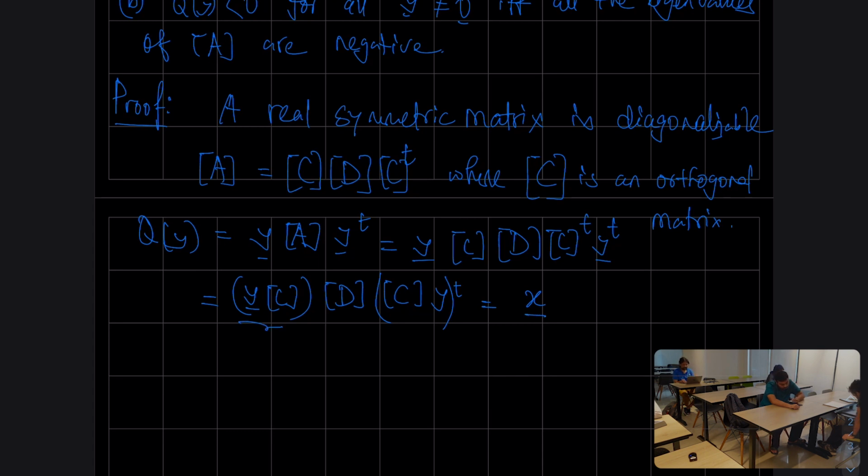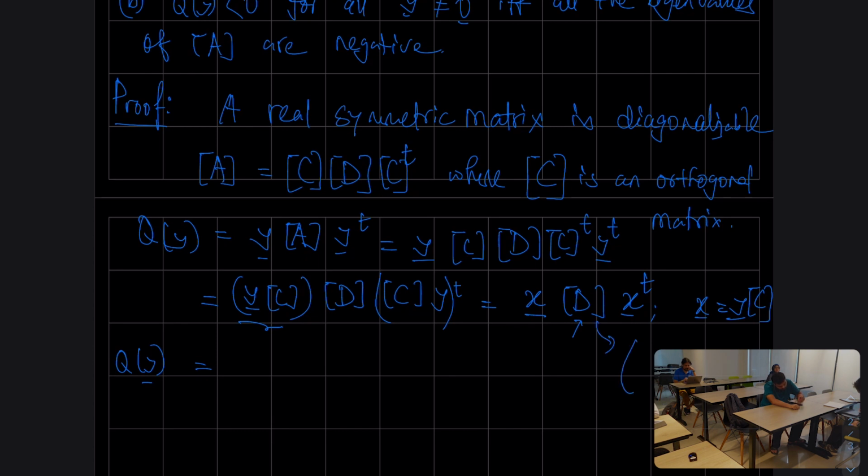New vector, and then x is y, c. Now, this is a quadratic form, and this is a diagonal matrix. What does it mean?